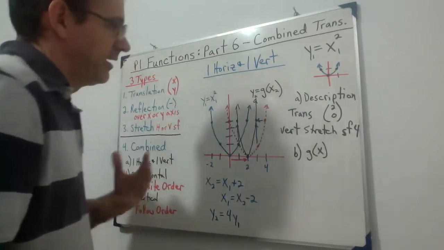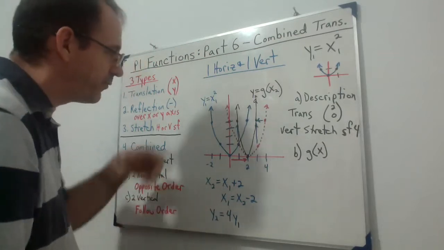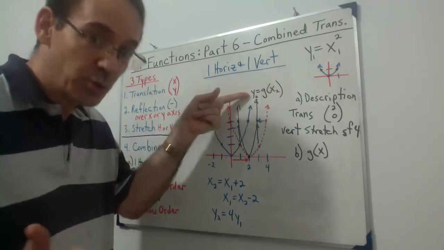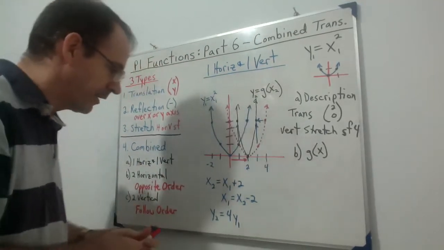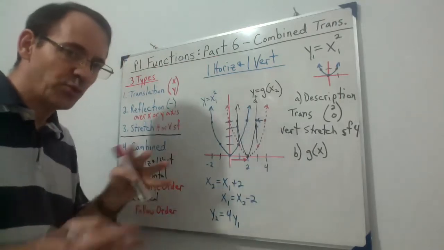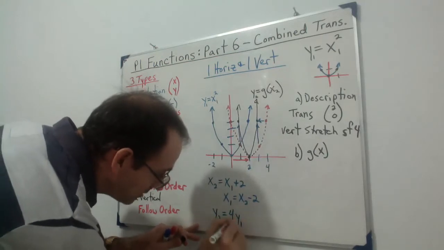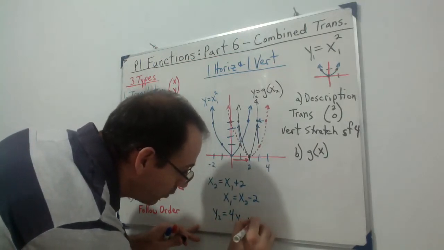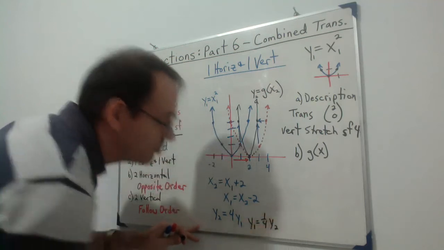Whereas if you wanted to, you could divide it by 4 and replace it, and you'll have a 1/4 over here. But because you want y2 by itself, you're going to have to multiply the 4 to the other side anyway. So you're going to have to decide which one is easier for you to follow. Like I said, if you want to get the y1 by itself, you can put y1 equals 1/4 of y2.